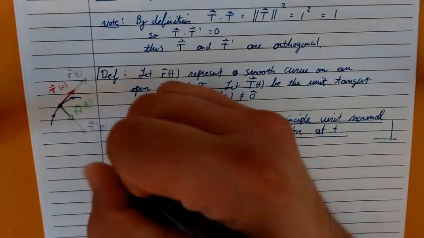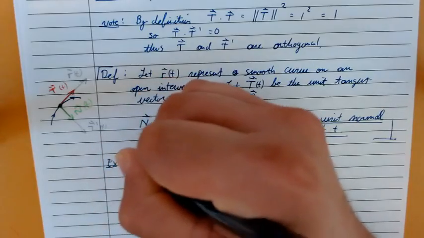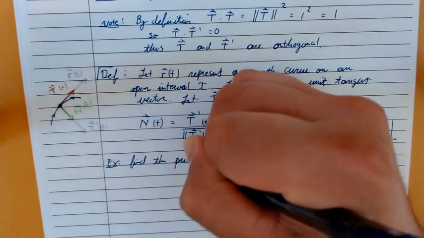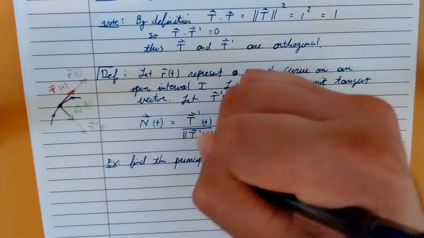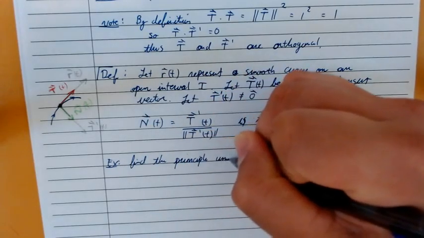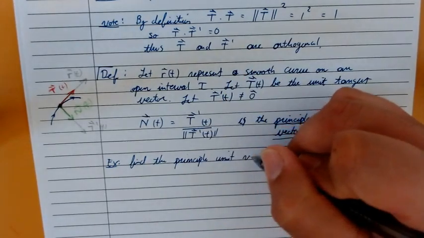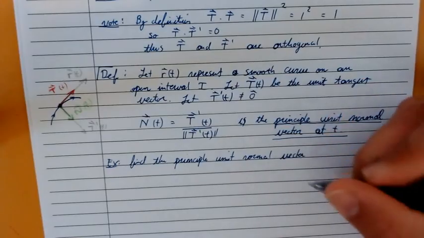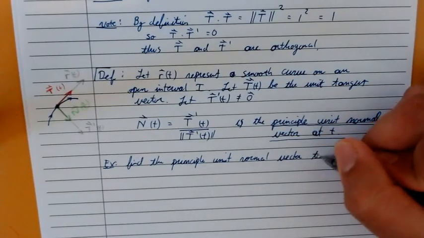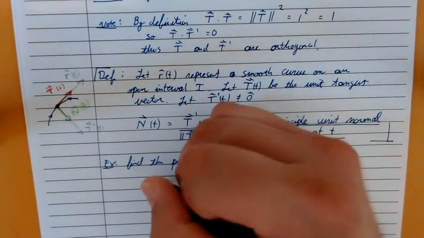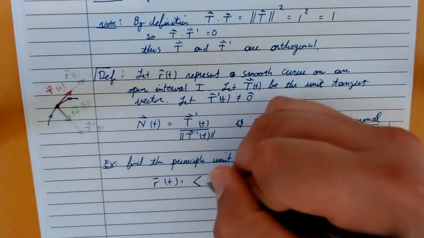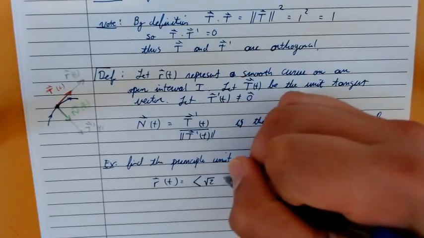So as an example of this, let's go ahead and find the principal unit normal vector to r of t equals the square root of 2 times t.